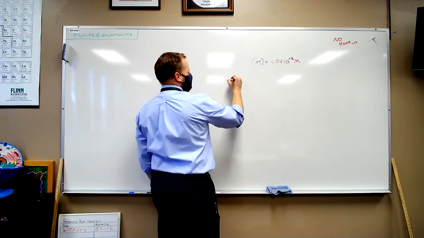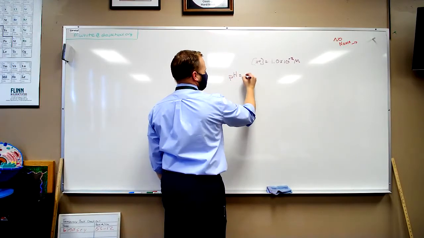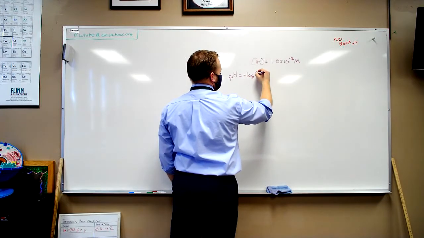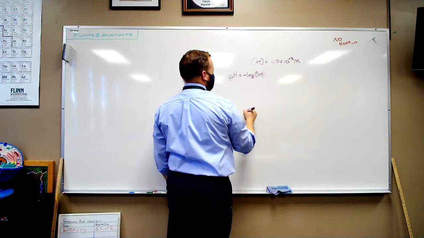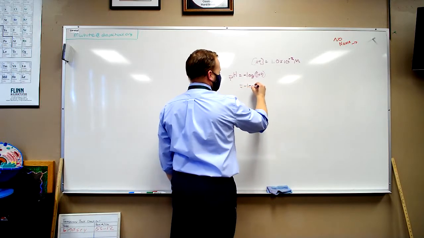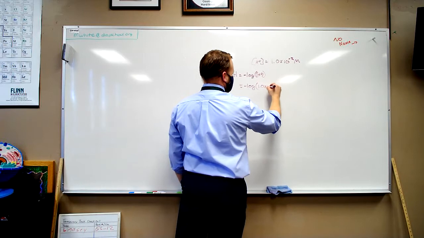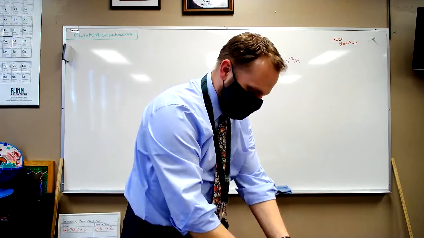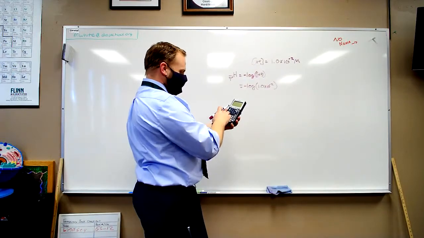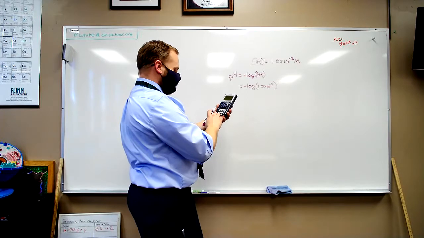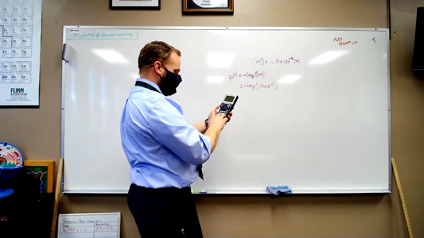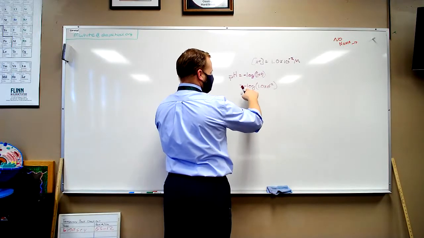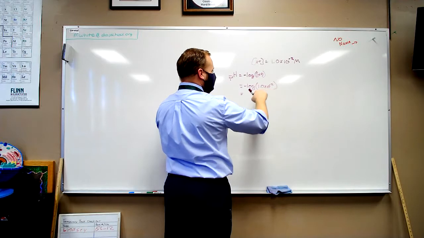All right, so we say pH is the negative log of H plus. So the negative log of 1.0 times 10 to the minus second. Okay, once again, all we have to do is go to our calculator and take the log of 1.0 times 10 to the minus second. That gives us a negative 2.